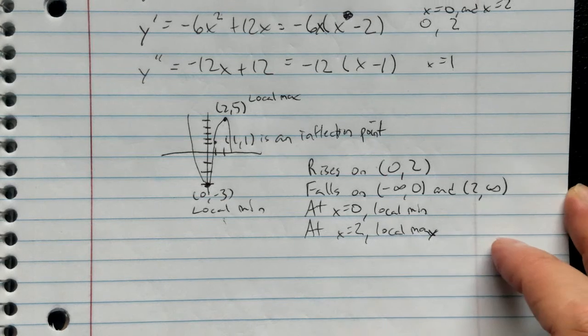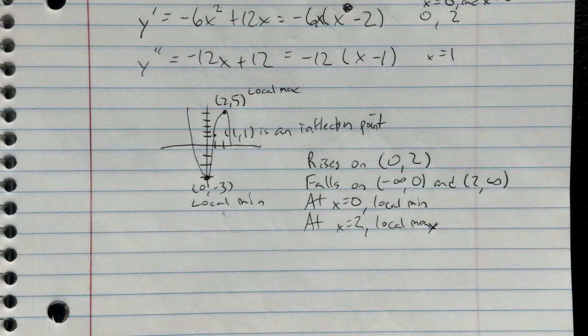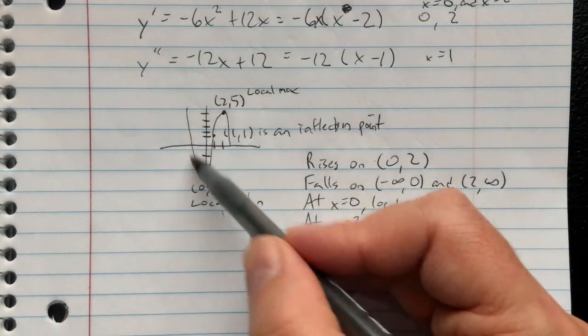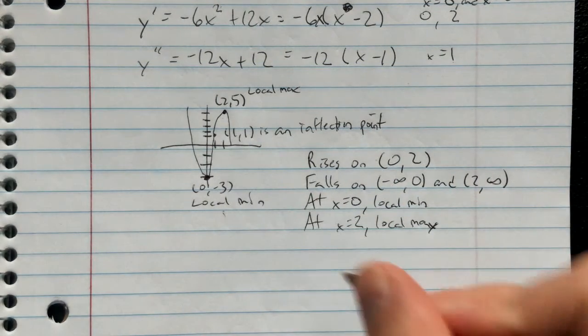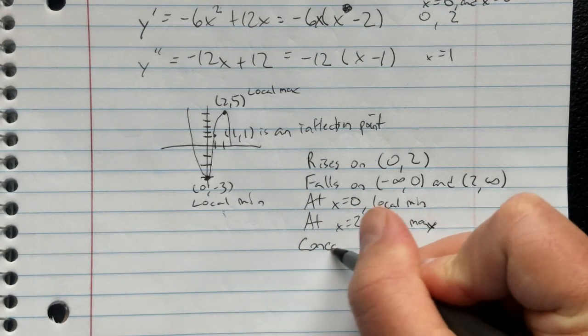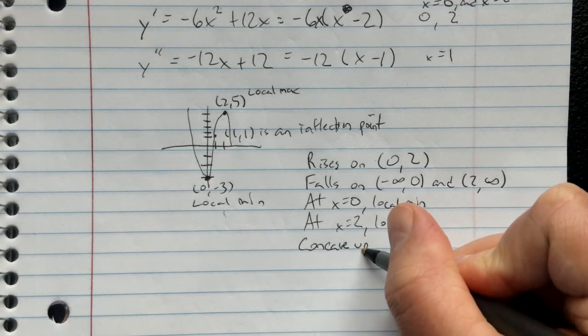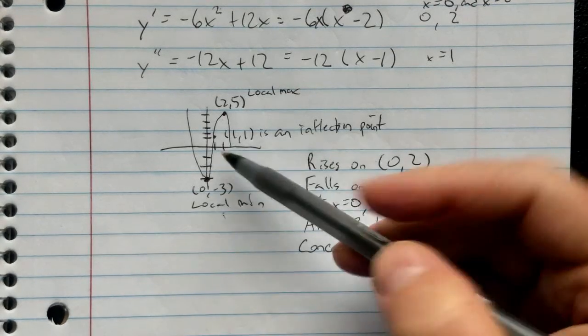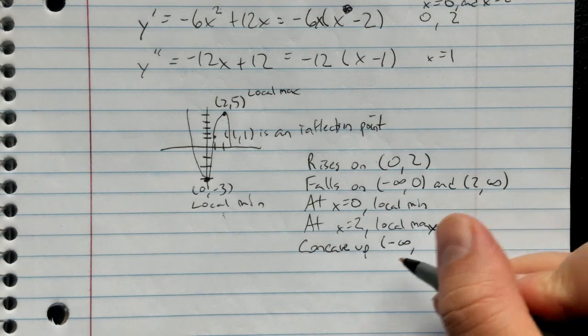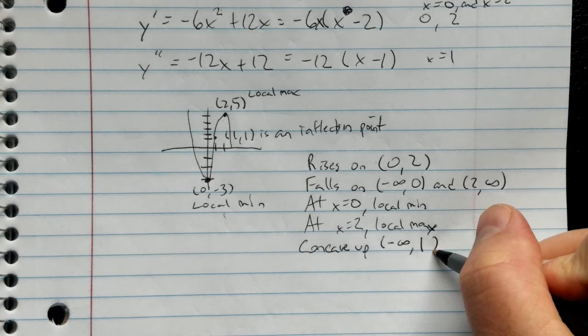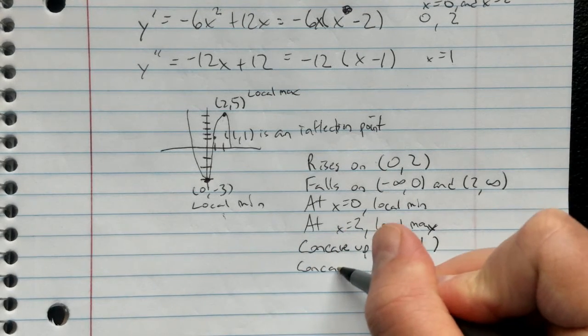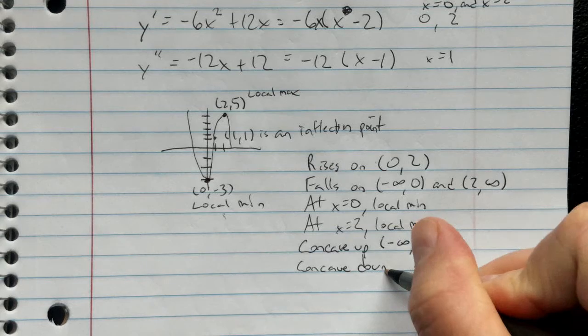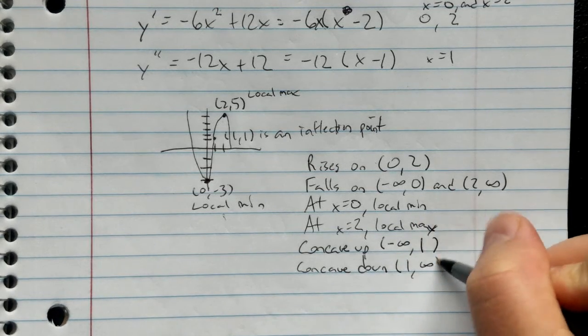And then the next part we need is about the concave up and down. And so this part is when it's concave up. So it's concave up from negative infinity to the 1, and concave down on 1 infinity.